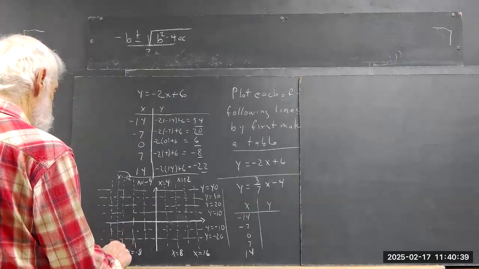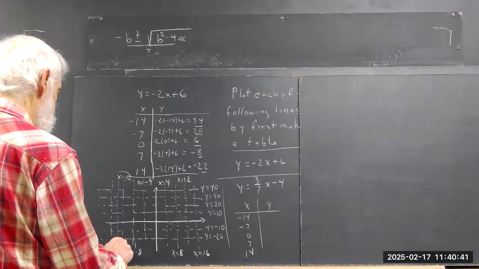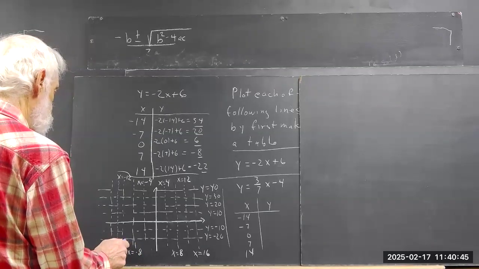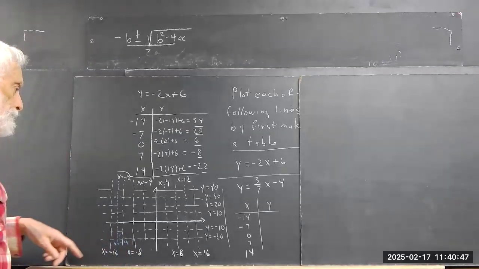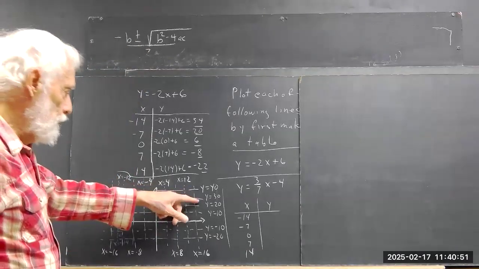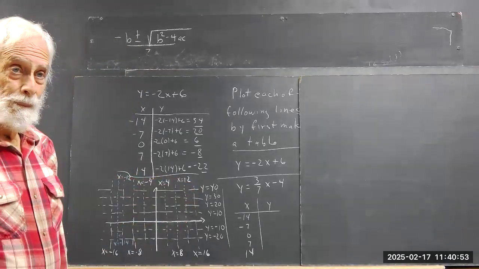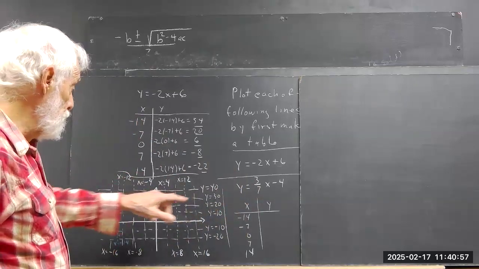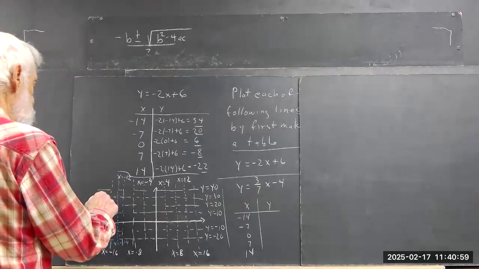Well, let's label this. X equals negative 14 on this line. Y equals 34. Where's 34? It's between 30 and 40. Halfway between 30 and 40 is 35. So it's a little bit closer to 30 than it is to 40.